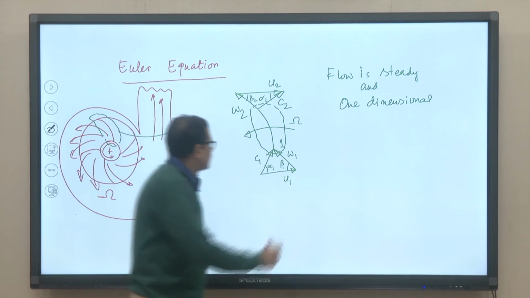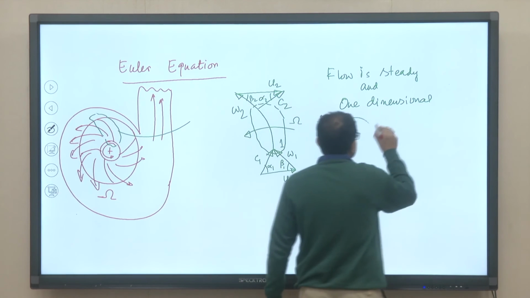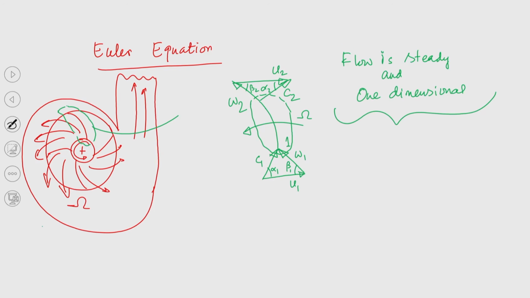So, if we apply Newton's second law of motion, the sum of moment of all external forces is nothing but torque, and that torque will be equal to what?